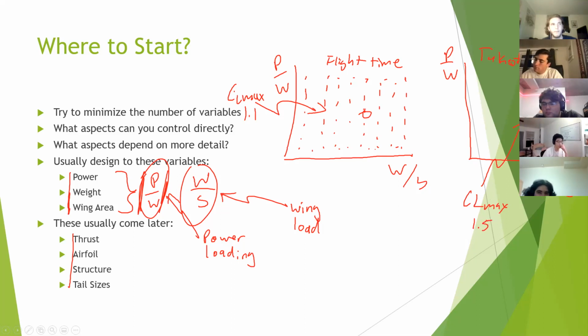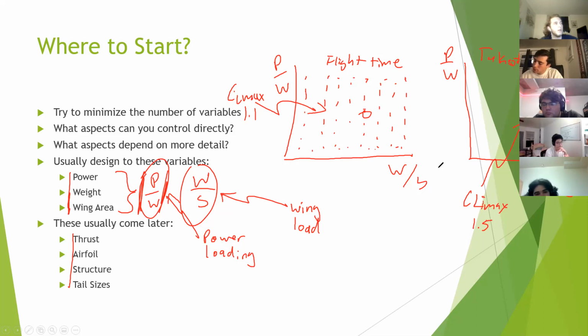We can do more than that with double slotted flaps and slots, whatever high lift devices you want. Again, as was already mentioned, there's a trade-off with complexity. The higher CL you want to achieve, likely the more complex device you need, but not necessarily.